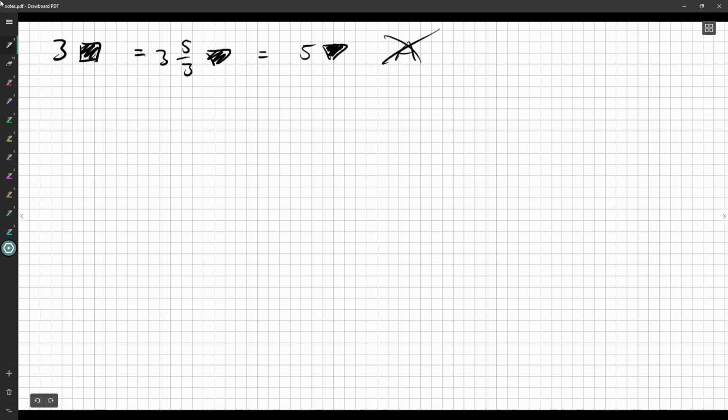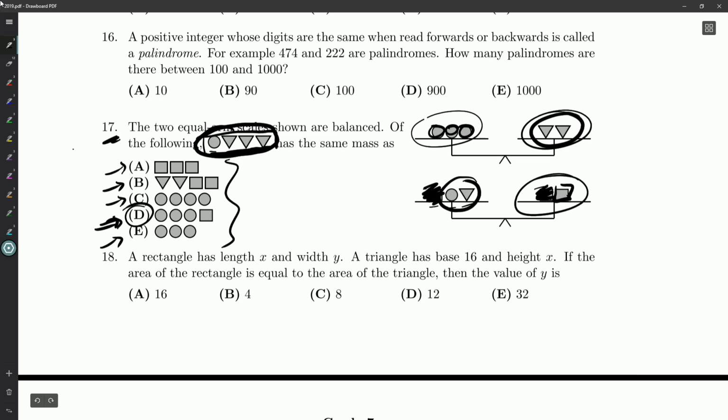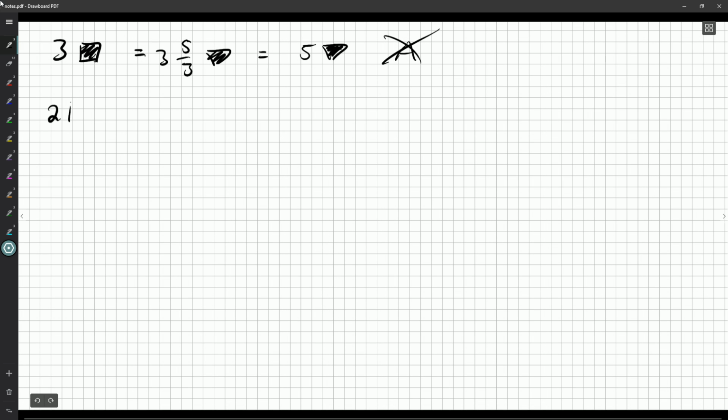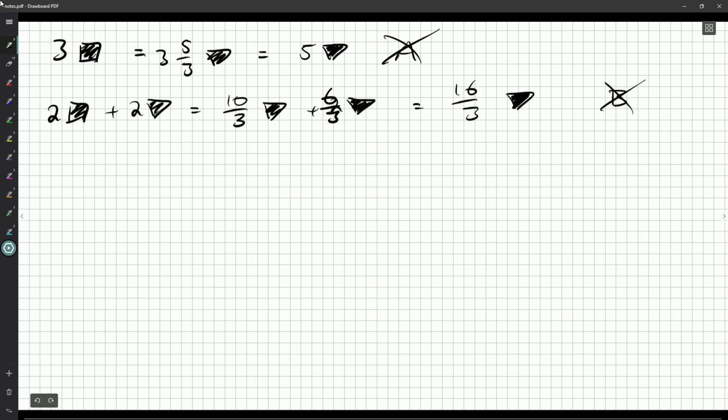Right? Because we've got that answer there. Okay? How about B? 2 triangles and 2 squares. So the squares will turn into 10/3 of a triangle plus 2 triangles, which is really 6/3 of a triangle. And so we get 16/3 triangles. So this is too much. So now B isn't the right answer.